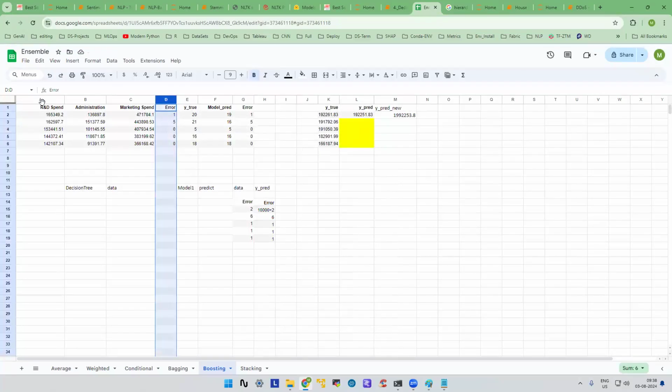You already have 3 input columns and 1 target variable, and now you get an additional input column. So 3 plus 1, 4 input columns. Keep the target values as they are.